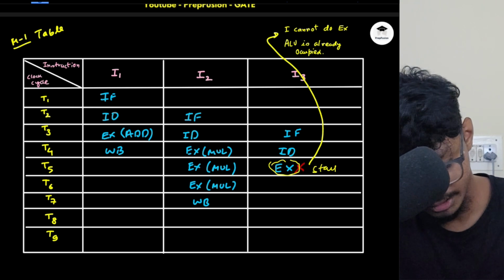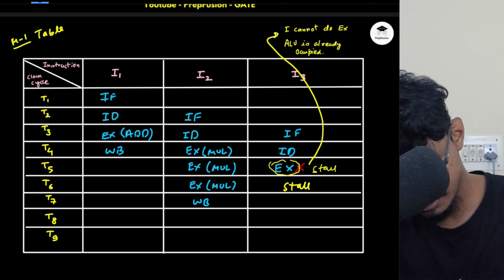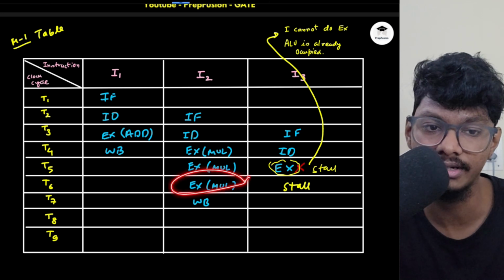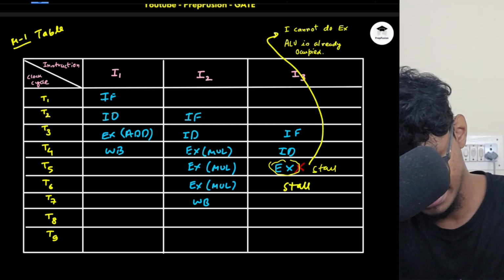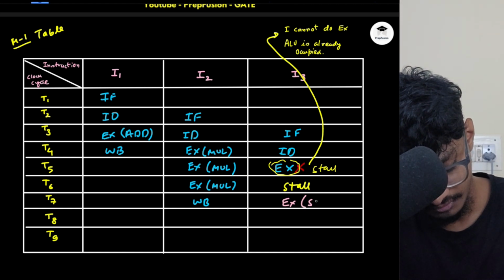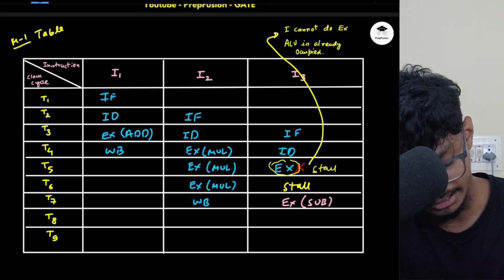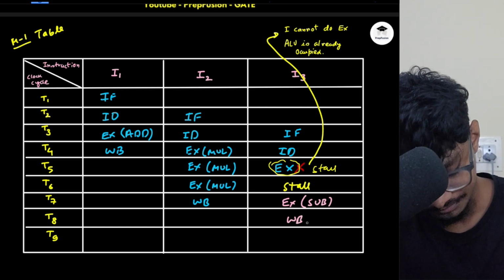Here also I have to provide a stall. Then after this, finally my execution phase is over for the previous instruction. Finally I can do execution of the third instruction. So execution will start here. It will only take one cycle, because it is a subtraction type instruction. Then I will write back the result.